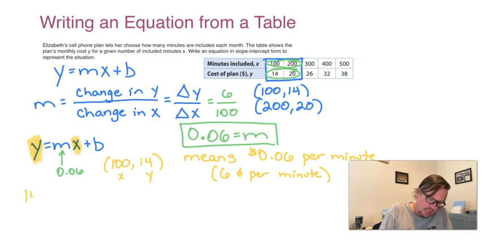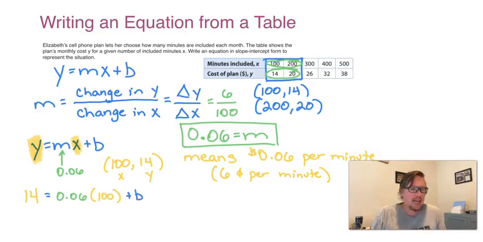So I'll have 14 equals 0.06 times 100 plus b. Okay, so now all of the variables except for b are numbers, which means I have enough information to figure out what b is.